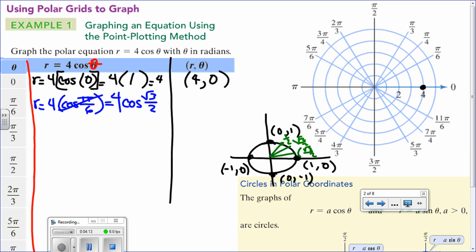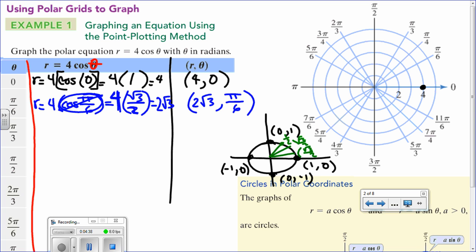That was a big mistake. Once you take the whole cosine of pi over 6, you get rid of the word cosine as well. So that would be the square root of 3 over 2. Here we can reduce the 4 divided by 2, which gives us 2. So this will be 2 square root of 3. So this point will become 2 square root of 3, pi over 6.